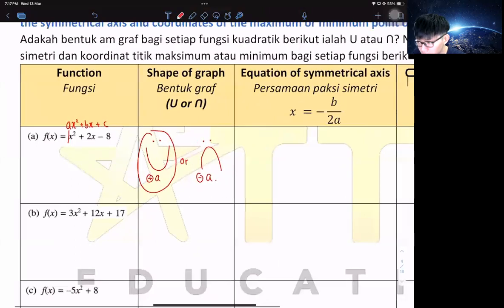Next, the way they write is equation of symmetrical axis, but I'll next time write axis of symmetry. I think this one is shorter, easier for me to say as well. Axis of symmetry. Okay, what is it?